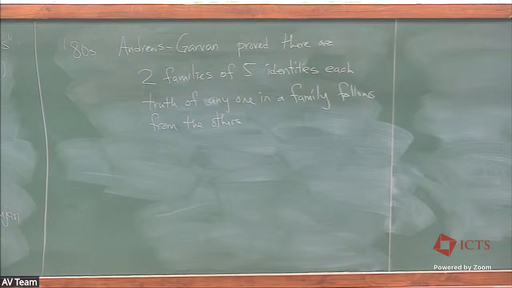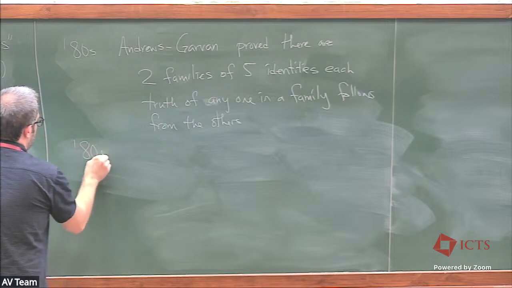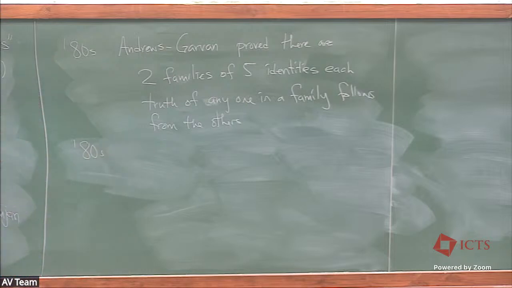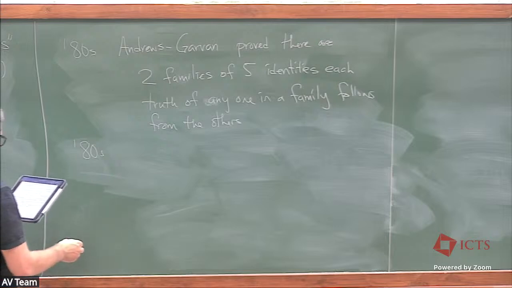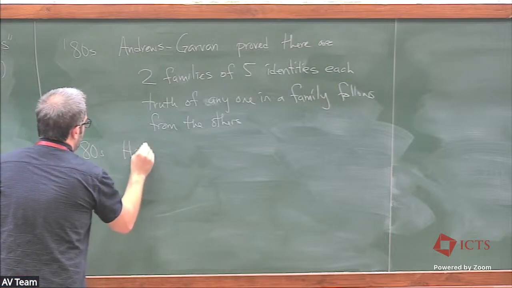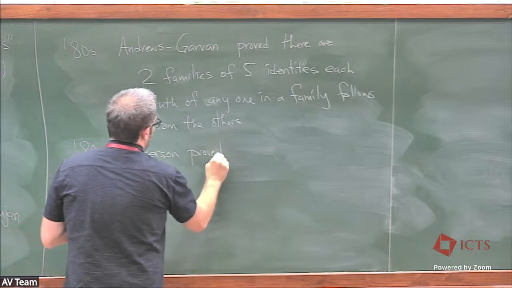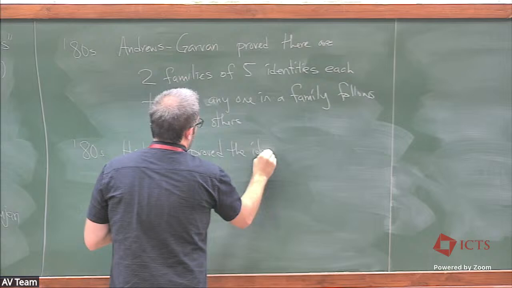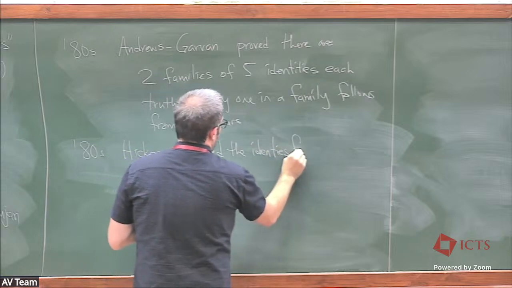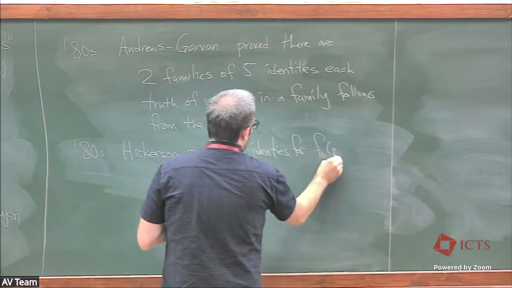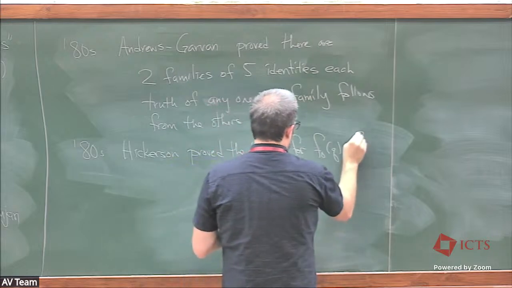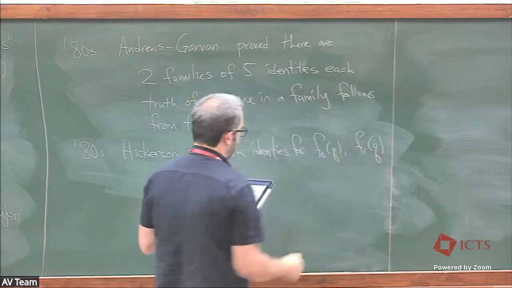Okay, so then they reduced the proof to proving 2 identities. And shortly thereafter, so also in the 80s, maybe both of these papers appeared in the same year, actually, Hickerson proved the identities for F0 of q and also F1 of q, which I didn't define for you, but it's one of the other 5th order functions.